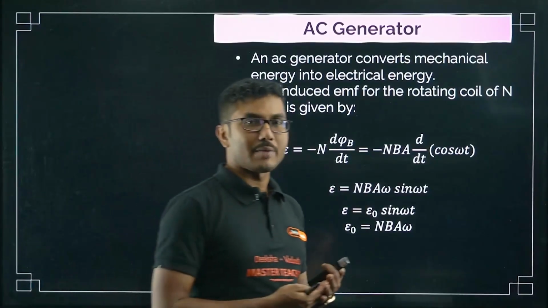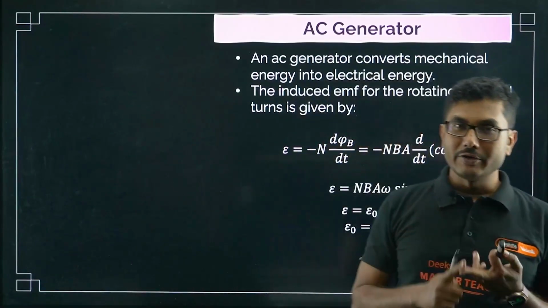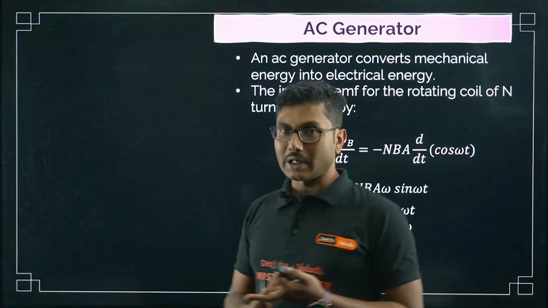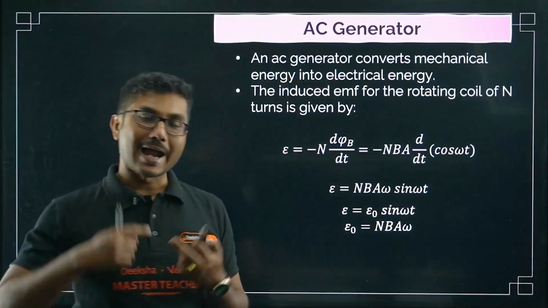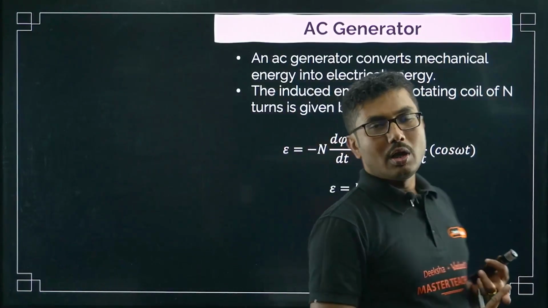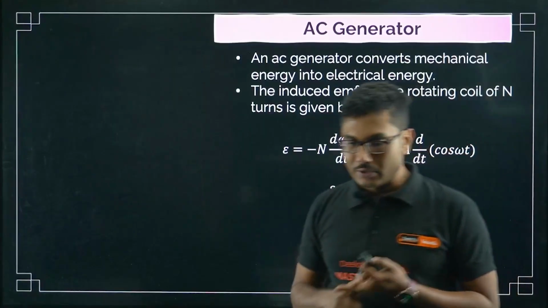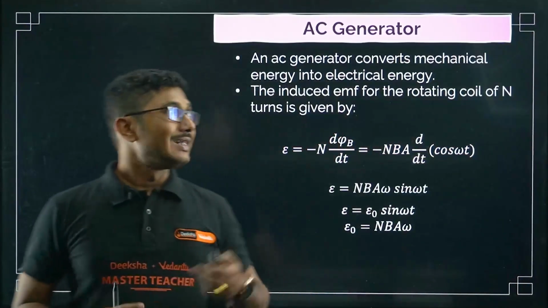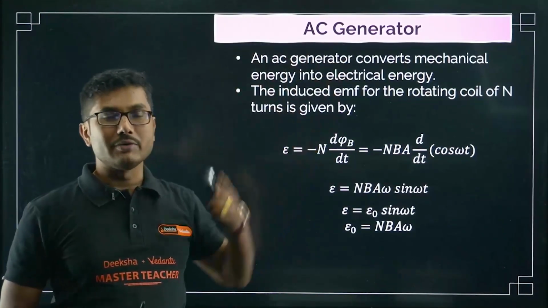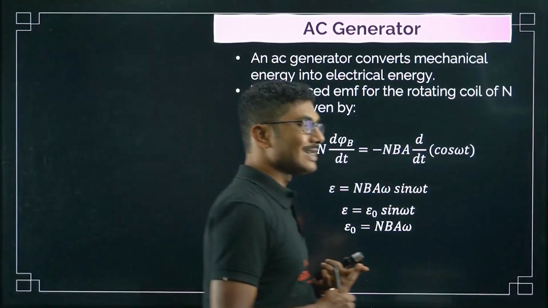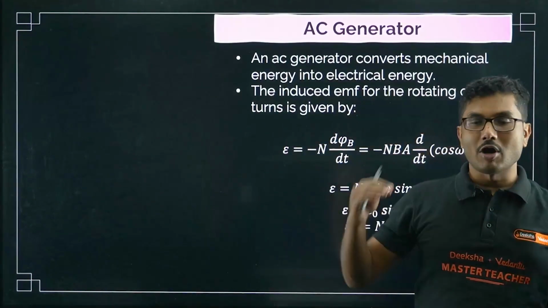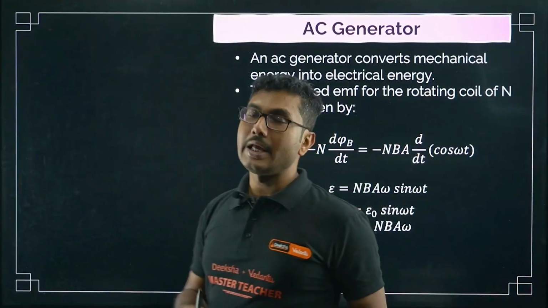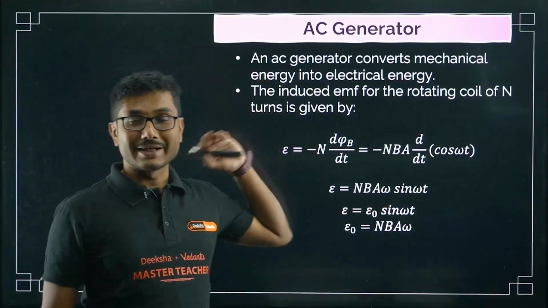No matter what type of source you use, hydroelectric power, ocean currents, wind current, old coal energy, or even nuclear power station, everywhere this was the only way to produce electricity, that is AC generator. And the majority of our day-to-day use even today is coming from this AC generator, a tiny little device.